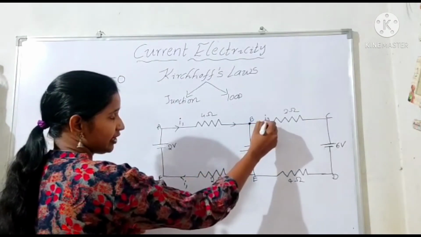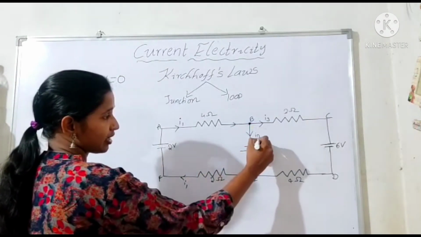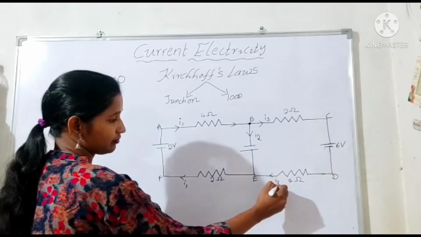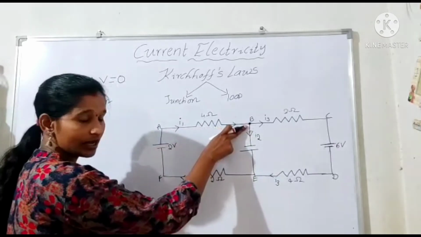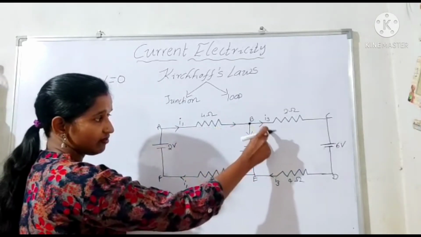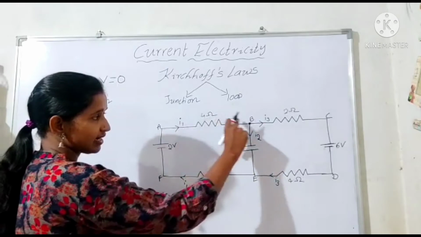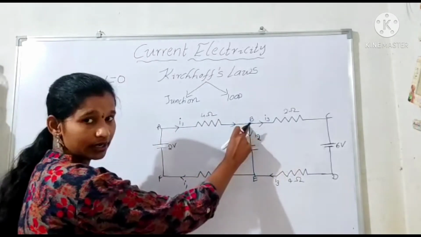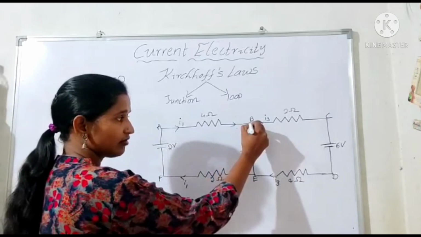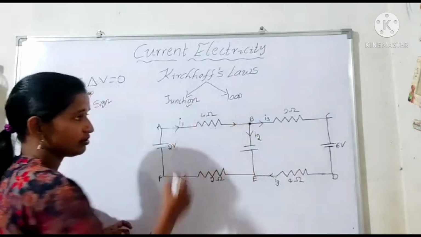This is I3 and this is I2. I1 is entering B, and I2 and I3 are leaving. How much is entering is divided and leaves that junction point. At this junction point the net current will be 0. That is the junction rule.